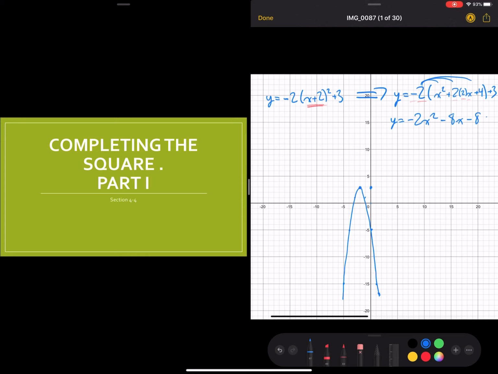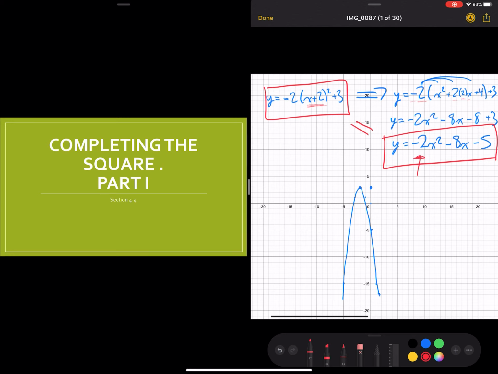And then we have that plus 3. We got rid of the brackets. So y equals minus 2x squared minus 8x minus 5. So apparently, when we expand it, we get this value. Apparently, these two are equal. But if we had seen this, by the way, because they're equal, they represent the same graph.